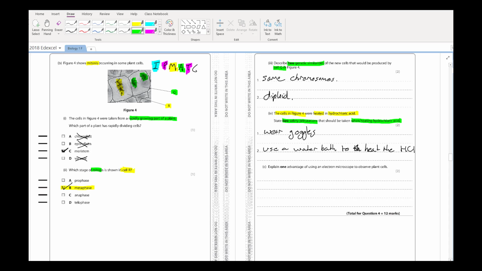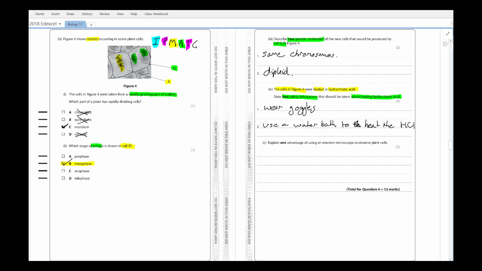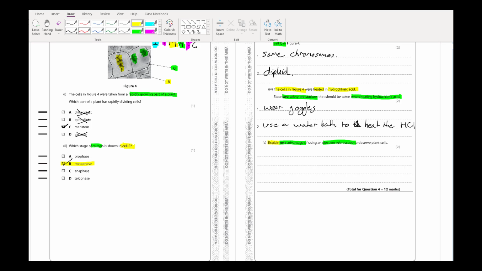The final part of this question says, explain one advantage of using an electron microscope to observe plants. Because it says explain, I need to give a statement and then explain that statement.